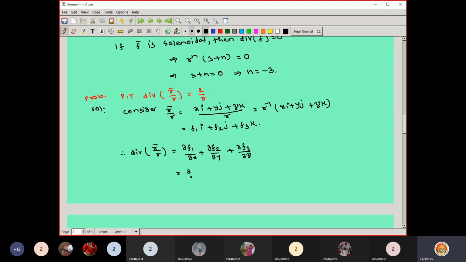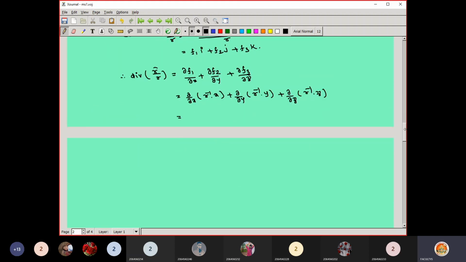So it is nothing but dou by dou x of F1, where F1 stands for r power minus 1 into x, plus dou by dou y of F2, r power minus 1 into y, plus dou by dou z of F3, r power minus 1 into z. So you are taking the derivative of this. Again, it is the UV rule.